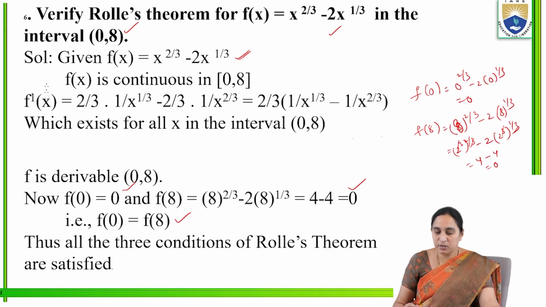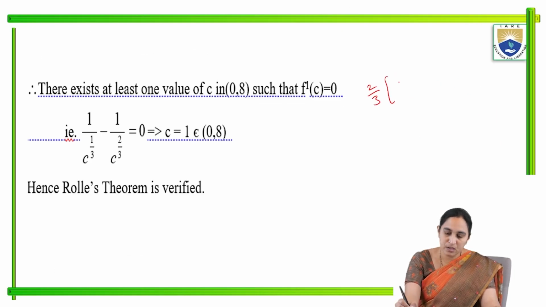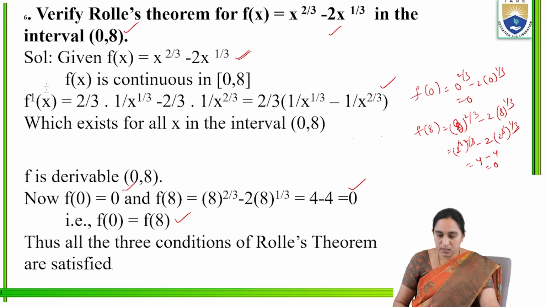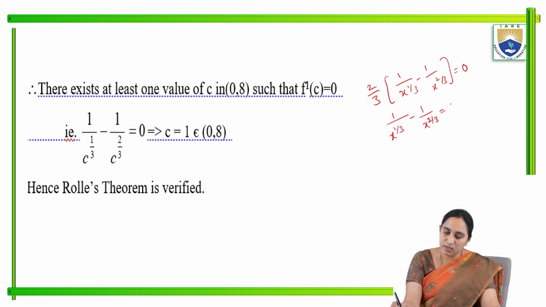From that, what about f dash of c? This is f dash of c: 2 by 3 into 1 by x power 1 by 3 minus 1 by x power 2 by 3 is equal to 0. That means there exists c belonging to (a, b) such that 1 by c power 1 by 3 minus 1 by c power 2 by 3 is equal to 0.